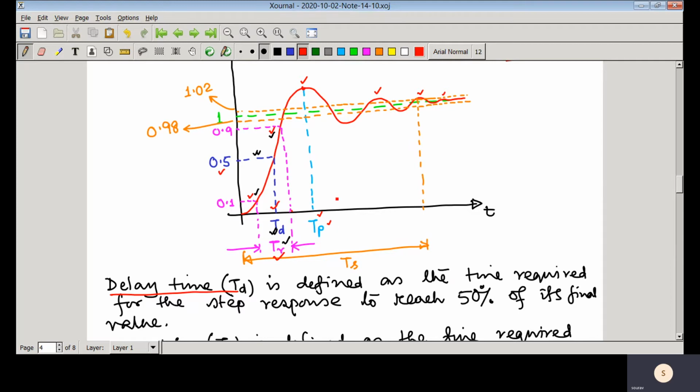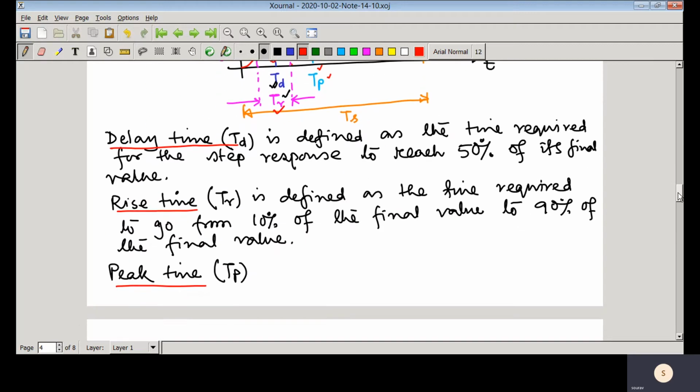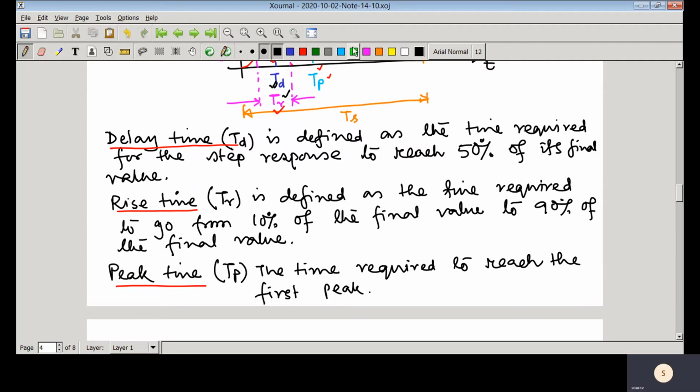That means the time required to reach the first peak of the time response is called the peak time. So that is the time required to reach the first peak. So mind that that is the first peak. So it is clear from that particular plot.